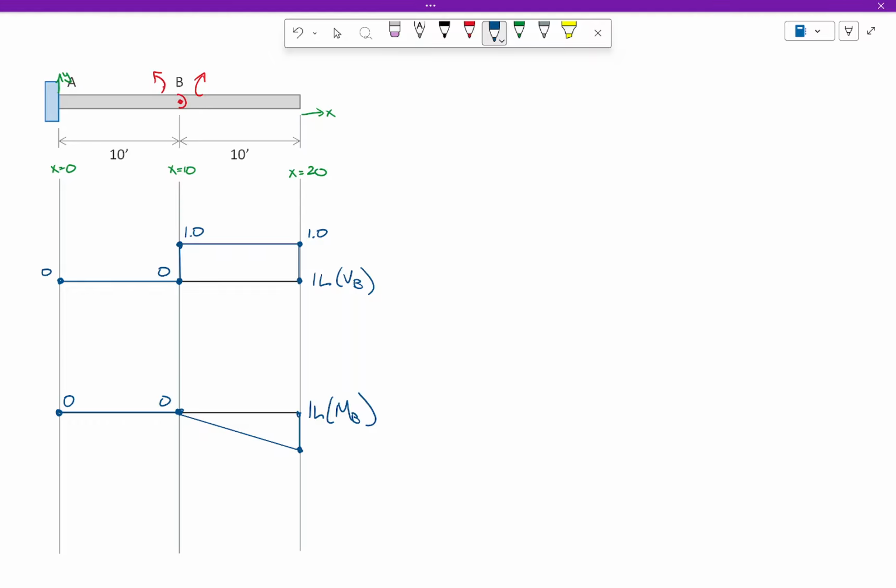And if the slope of this line is 1, that makes this minus 10. That, ladies and gentlemen, is the influence line for the moment at B. Does that make sense?